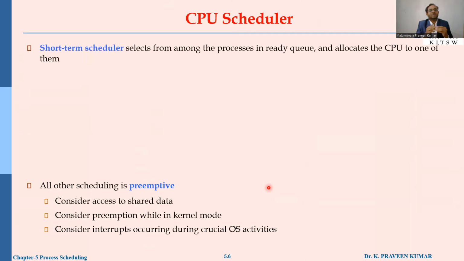Coming to CPU schedulers. There are short-term schedulers, long-term schedulers and middle-term schedulers, which we have already studied in the previous chapters. The short-term scheduler selects from among the processes in the ready queue and allocates the CPU to one of them.